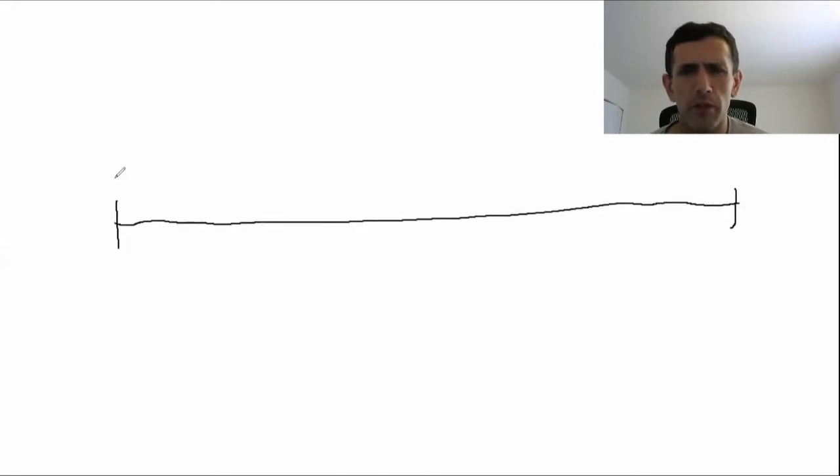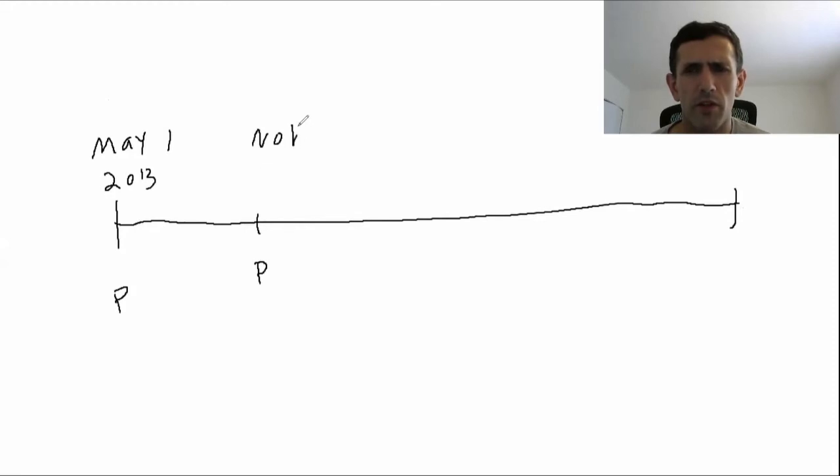So the first payment of P is May 1st, 2013. Okay, so 6 months later, we make another deposit of P into this account. So we're in the same year, November 1st, the same year as May 1st. And I'll write down one more. So November 1st to May 1st, we're going to the next year.